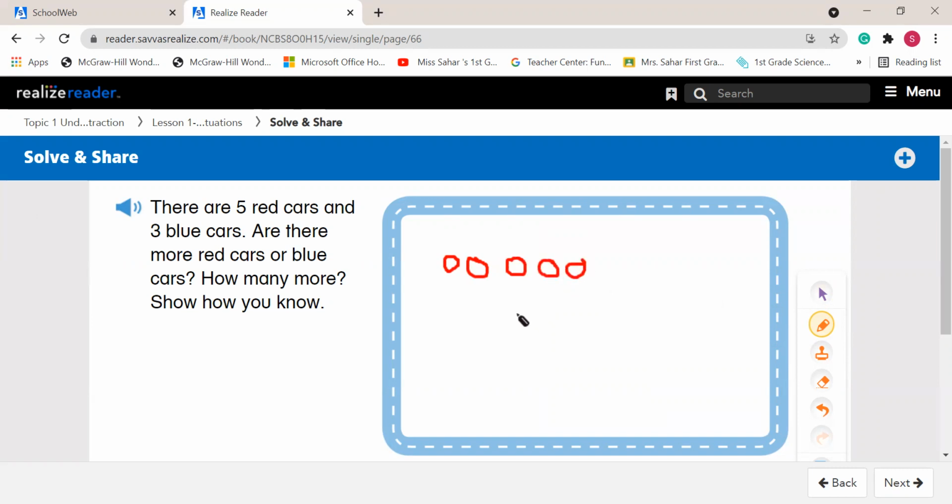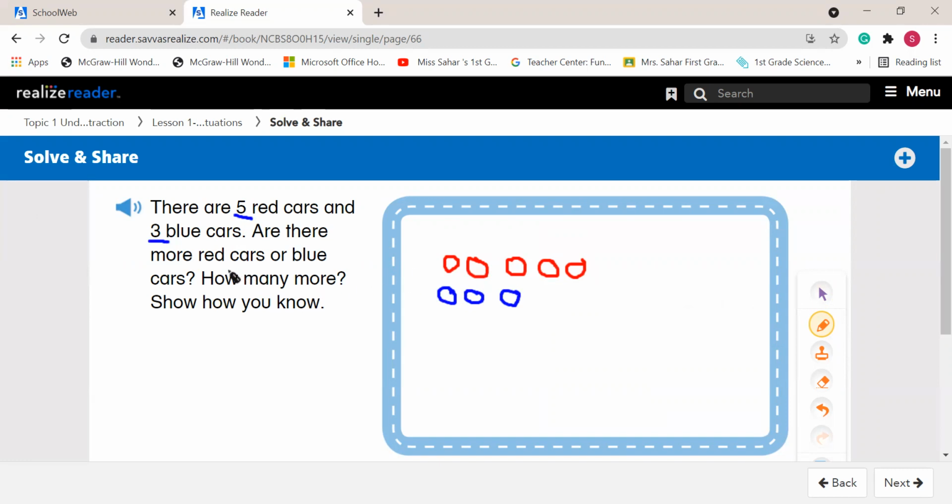Or counters or cubes. And then we have 3 blue cars. So I'm going to use blue and make circles to replace the blue cars. I'm using circles. So now I have 5 red cars, as it says here, and 3 blue cars.